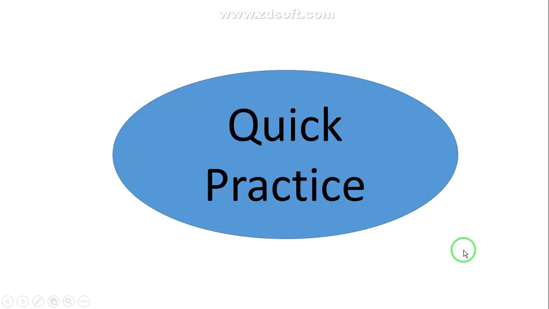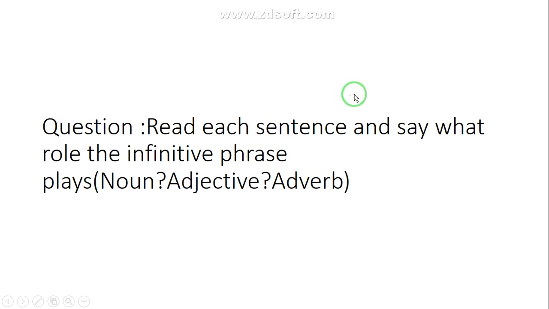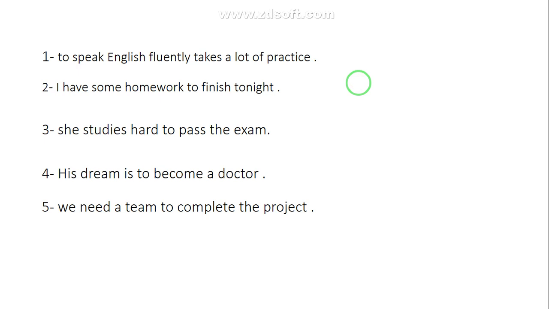Okay, let's have a quick practice. Question: read each sentence and say what role the infinitive phrase plays. Noun, adjective, or adverb. These are our sentences that we are going to read and say what role they play. Number 1.